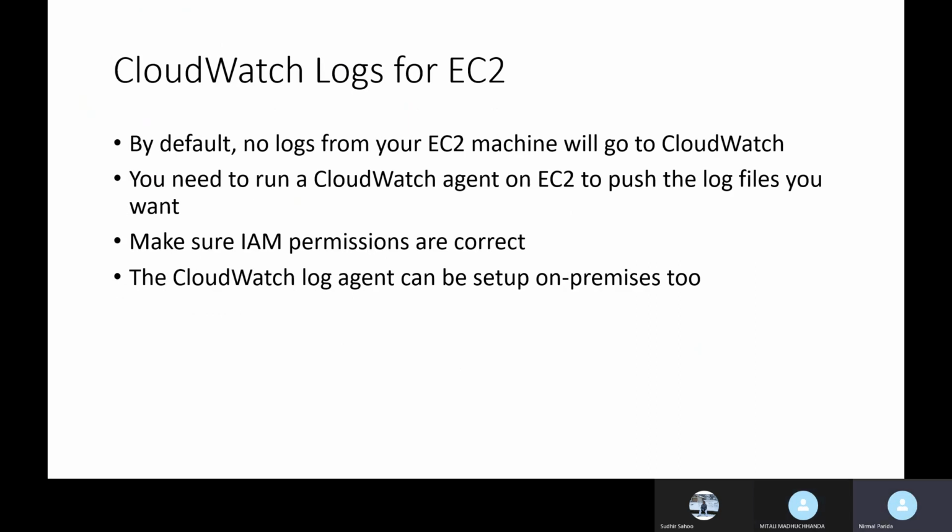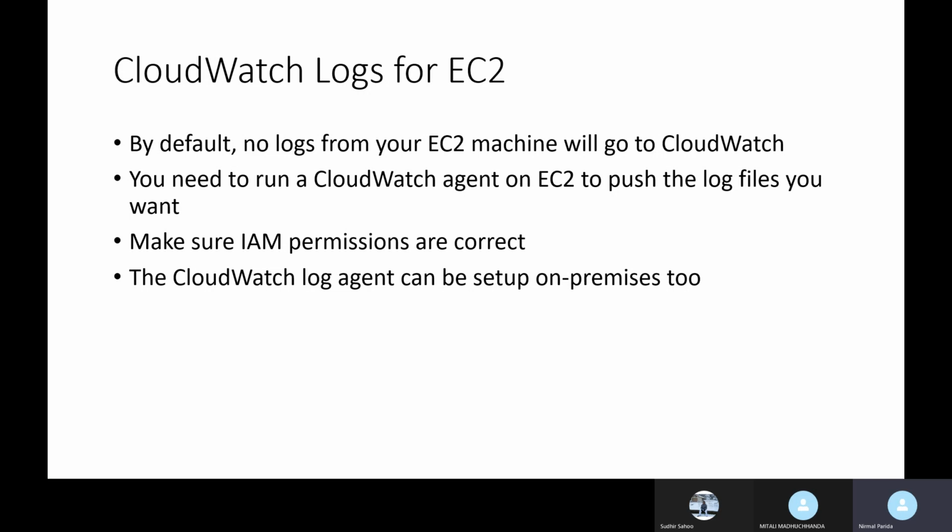CloudWatch logs for EC2. So by default, no logs from your EC2 machine will go to CloudWatch. So by default there is no logs. But if you need to push the log files, you need to run CloudWatch agent on EC2. So in that case, you have to install the CloudWatch agent. One application is coming, one service is coming. The name is CloudWatch agent.